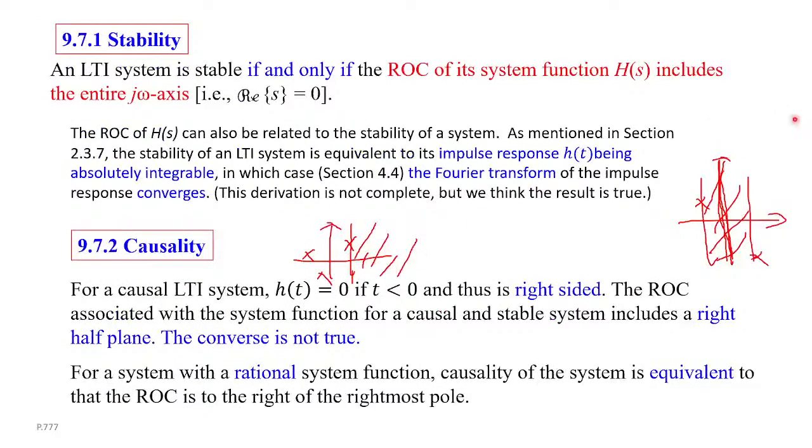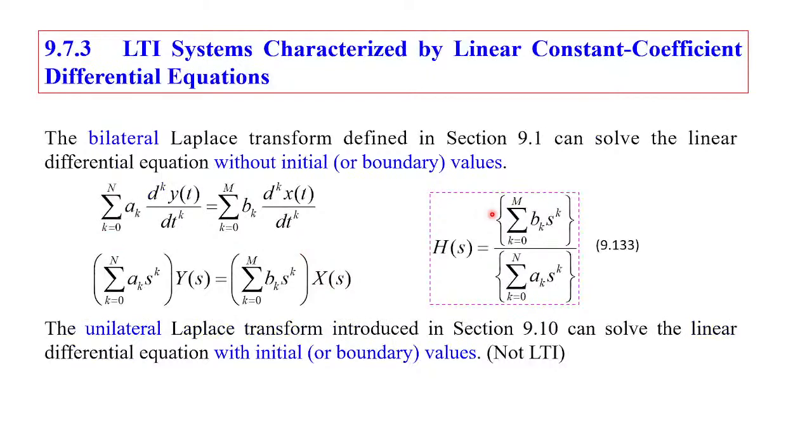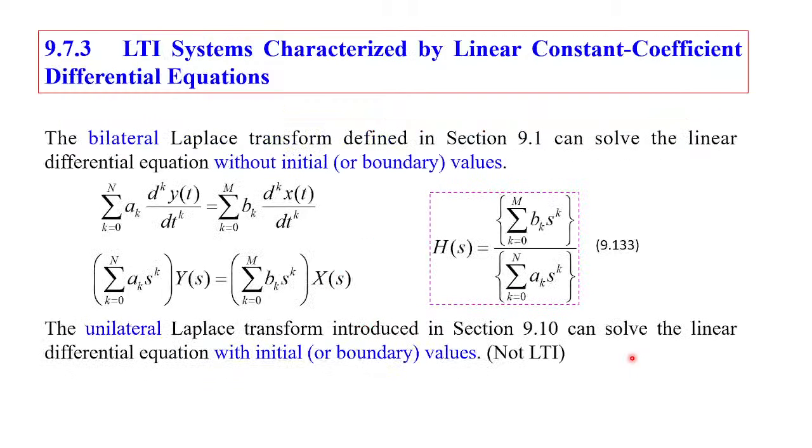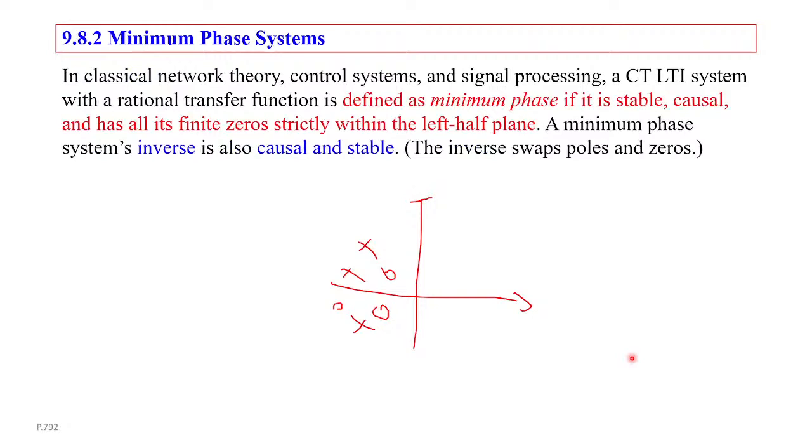But maybe we are picking stable and then we are inverting to the middle ROC, etc. And also if we are solving the initial value problem, then we need to use the unilateral Laplace transform, which is not an LTI system, but we can still solve the differential equation. Okay.